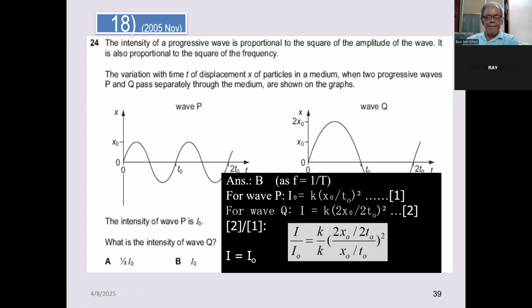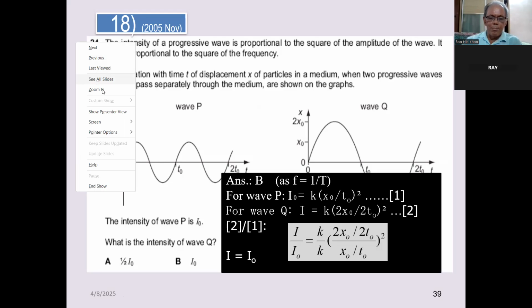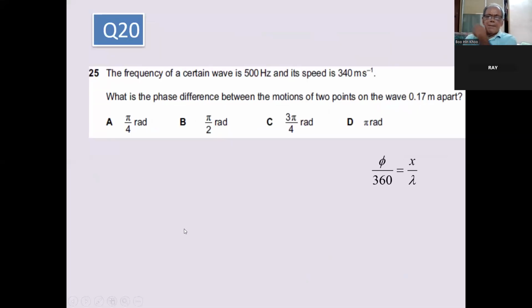Okay, now try this one. Why does it take so long?